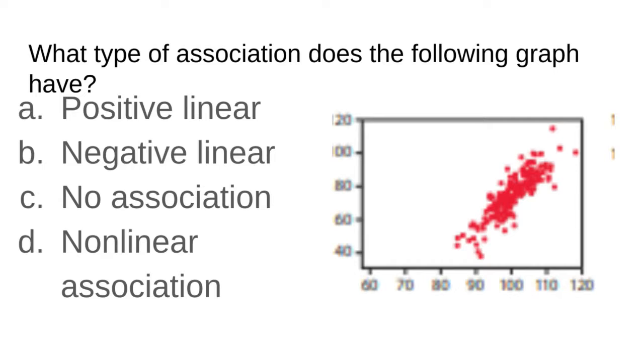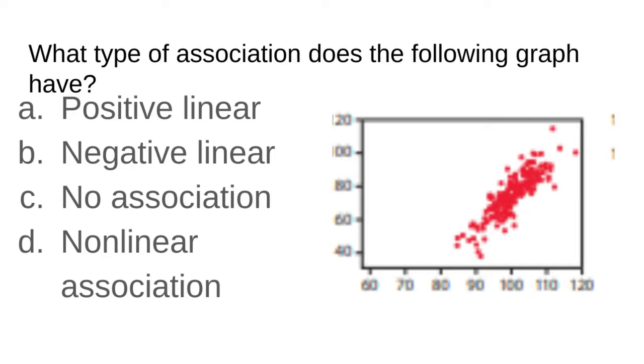Some of you would be like, how am I supposed to find the slope of that? So the first thing that you would do, if you are given a scatter plot and you are asked to find the slope or the rate of change, remember those are the same thing, is you need to draw a trend line or line of best fit.